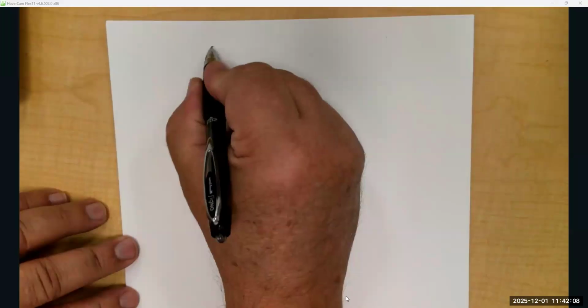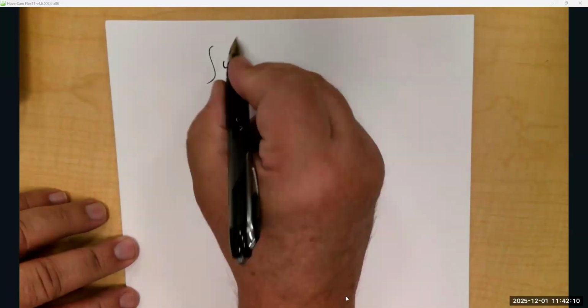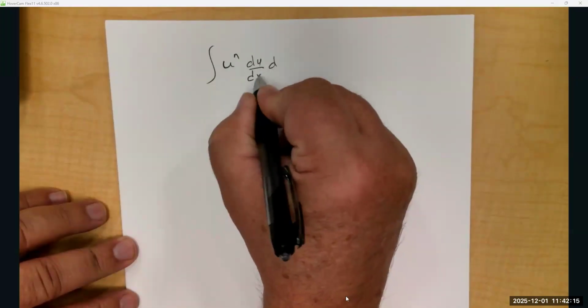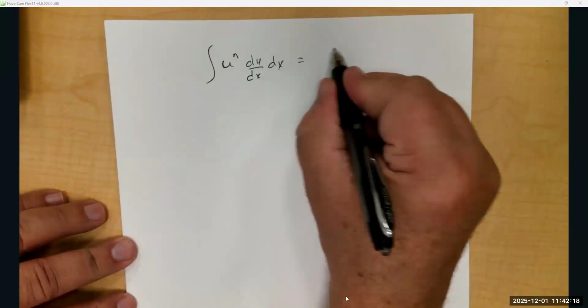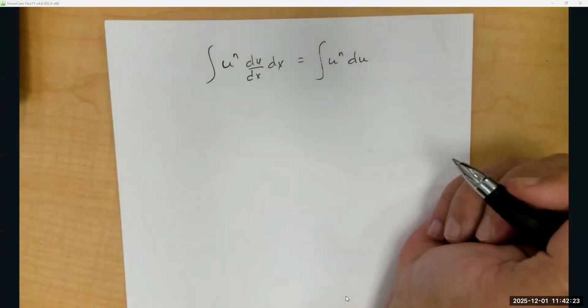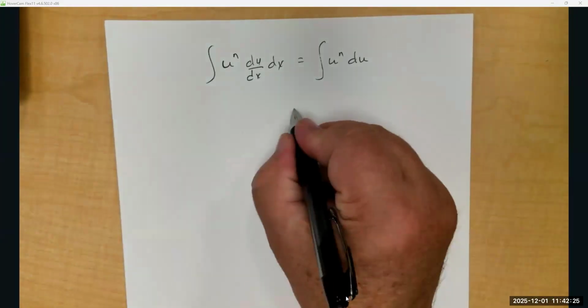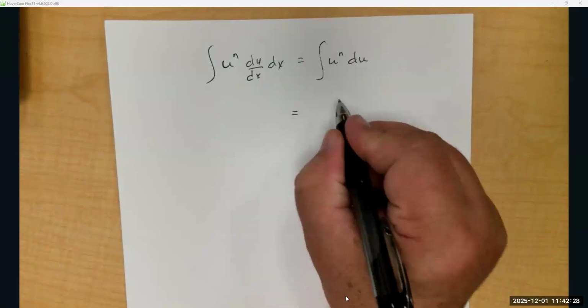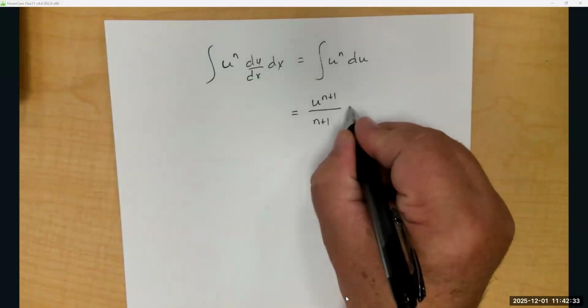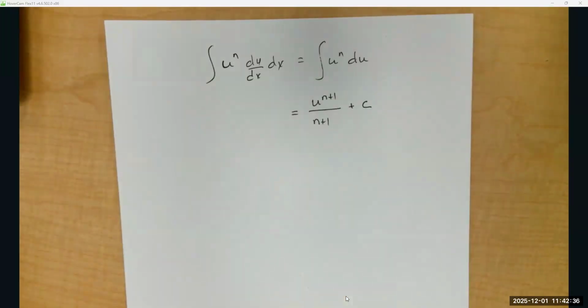Remember, the rule we have to live by is that the integral of u to the power n, du dx, is the same thing as the integral of u to the power n du. This is really the first time in mathematics that we deal with substitution in a full-fledged way.